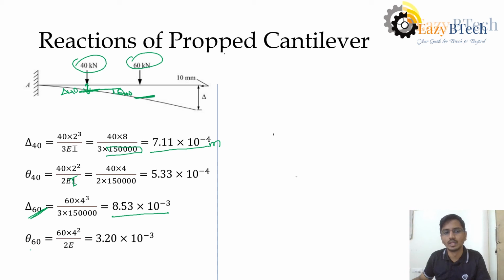So this deflection we know, that is delta 60, and from here we will take theta 60, and this overall will be my delta. So we get theta 60 also, after substituting these values in this formula, we'll get 3 into 10.